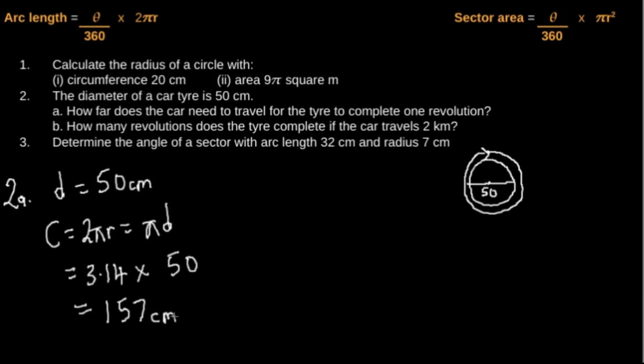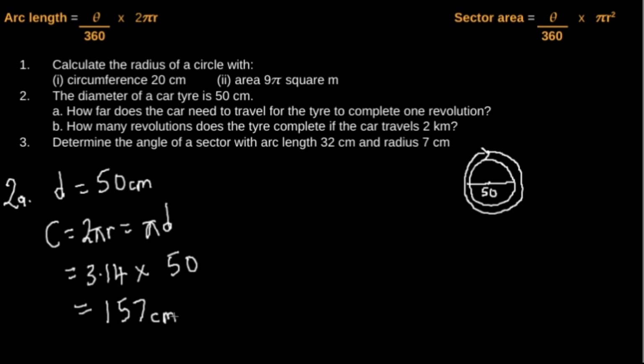So for the tire of this car to complete one revolution, the car needs to travel 157 centimeters. Okay, you can convert that to meters if the unit centimeter seems quite small for a car to travel.